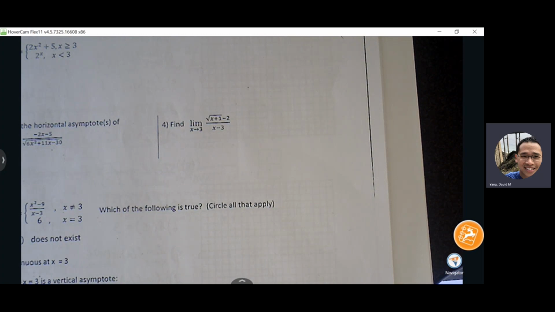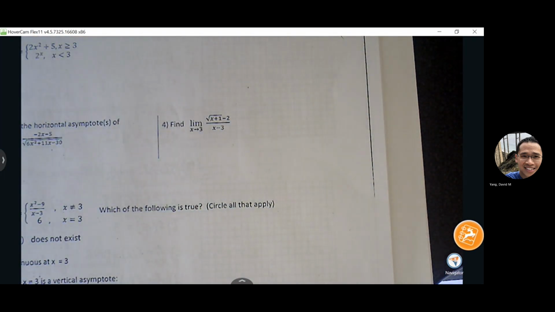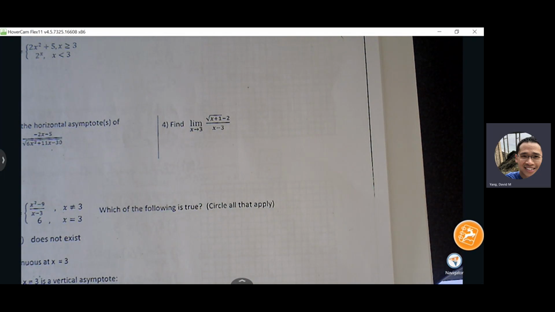Confirming that you have first 0 over 0, and then the conjugate method will take you down to the real number. Okay, check the answer key. You should get 1/4.